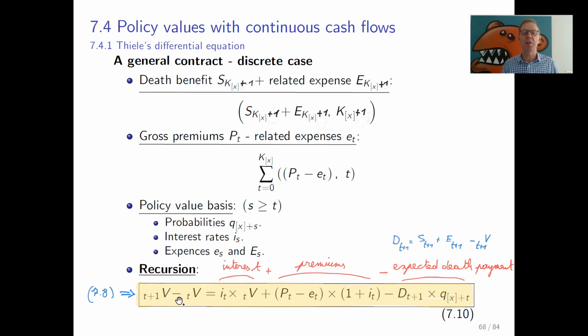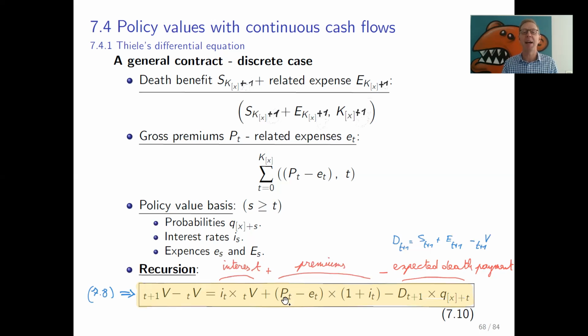We can find that V_{t+1} minus V_t is equal to the right-hand side. So the increase of the policy value between time t and t+1 is equal to the right-hand side, and the right-hand side decomposes this increase of the policy value in three parts. First of all, the policy value increases during the year t to t+1 because there is interest earned on the policy value.